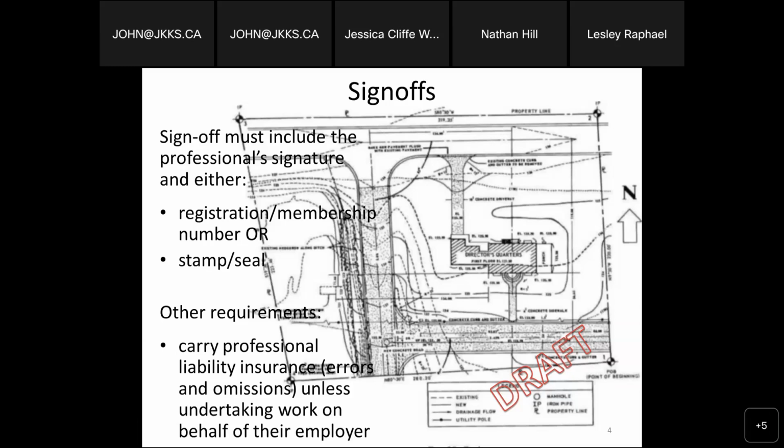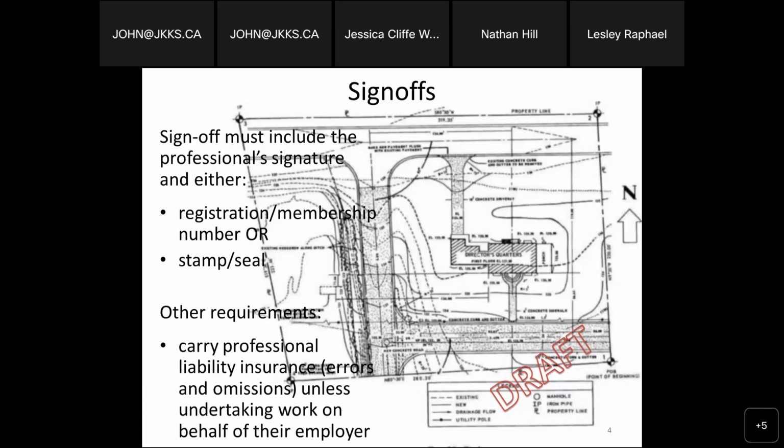insurance. So when we take a look at this particular slide, you can see in the background a site plan design and the word draft stamped on it. So when I see something like that, what I'm really thinking about is this is something in the preliminary stage that is really not a sign-off, but certainly an indication to whoever is viewing or receiving this that this is really just a draft only.